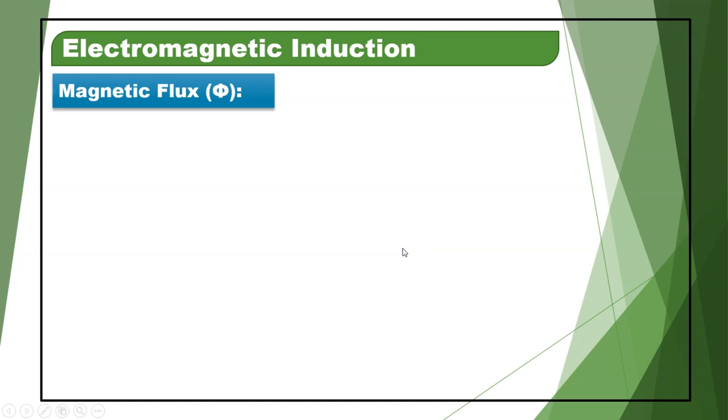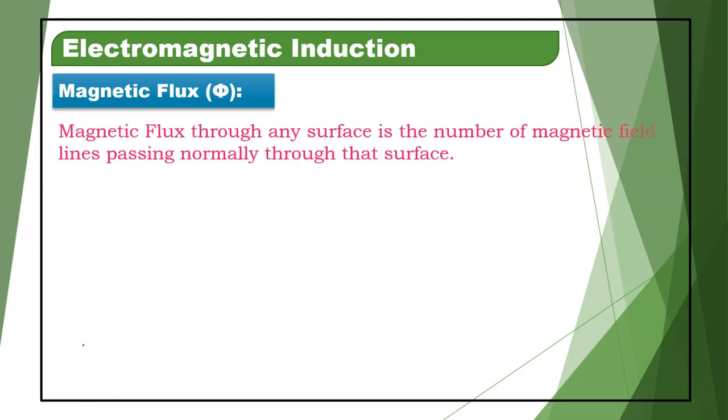The magnetic flux. So students, magnetic flux is represented by the term phi, and magnetic flux through any surface is the number of magnetic field lines passing normally through the surface.